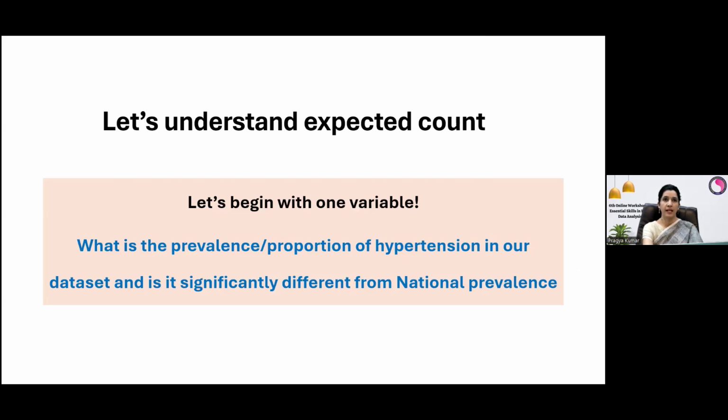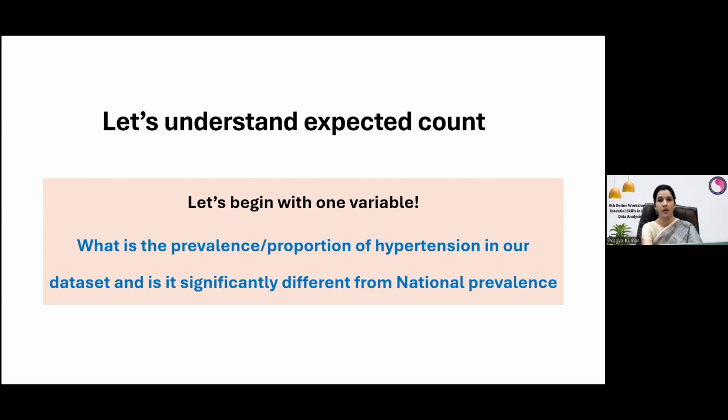In the same data set which we have collected, if I want to know what is the proportion of hypertension, and whether it is significantly different from the national prevalence of hypertension.